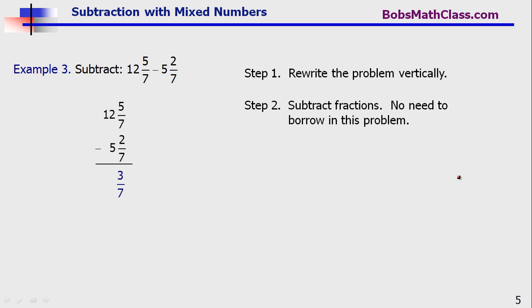And then subtract the whole numbers. 12 minus 5, which is 7. And we're all done. Can't reduce. Our fraction is not reducible, so we're all done.